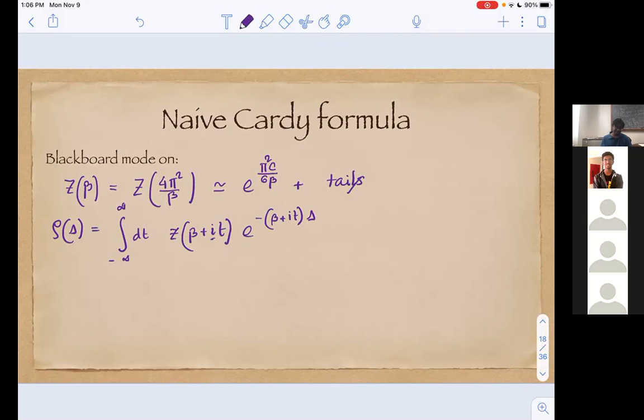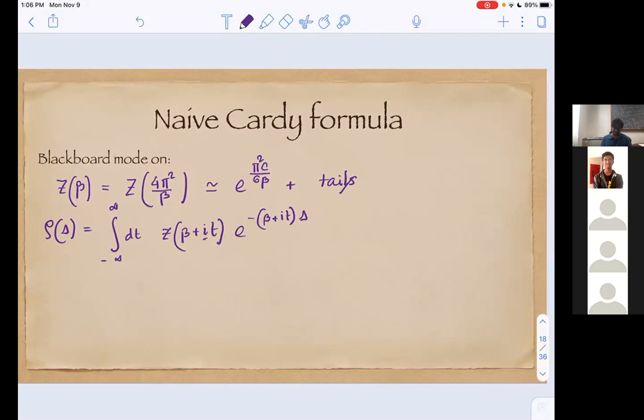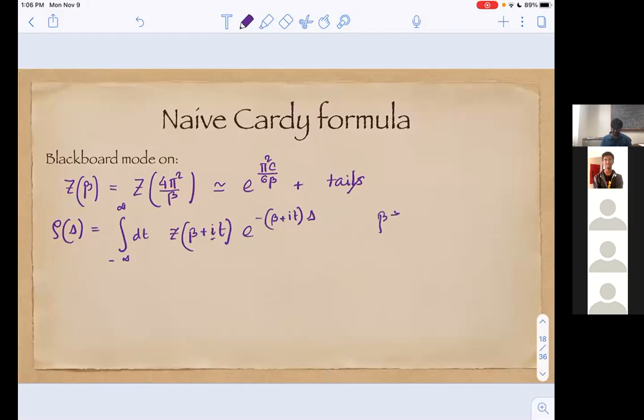And then one could naively argue that in the beta going to 0 limit, Z of beta plus it is dominated by Z of 4 pi squared over beta plus it.